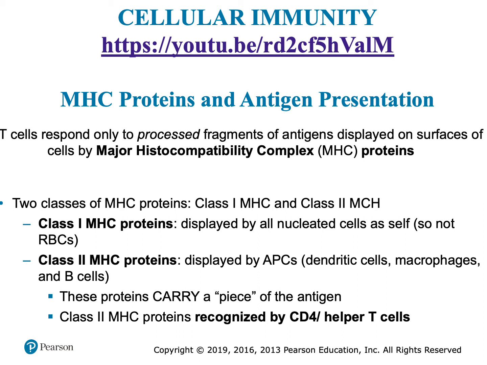It's very non-specific. So some macrophages, some neutrophils, natural killer cells, inflammation, fever, those antimicrobial proteins that I talked about that were in the plasma, or they can come from other body cells.